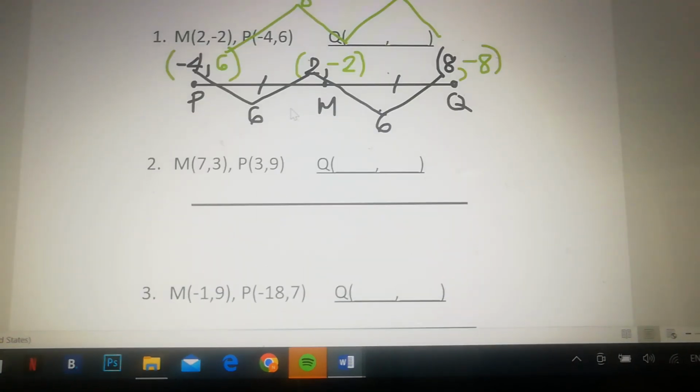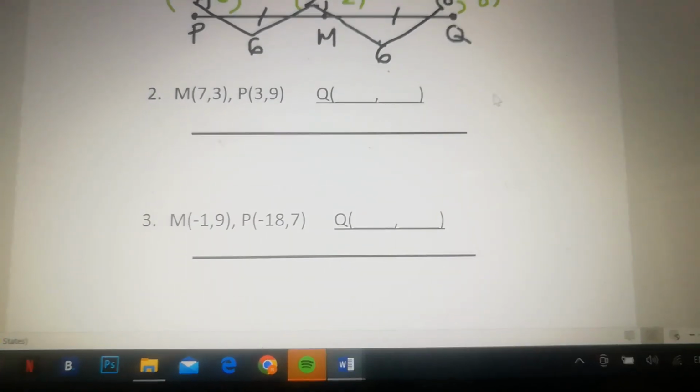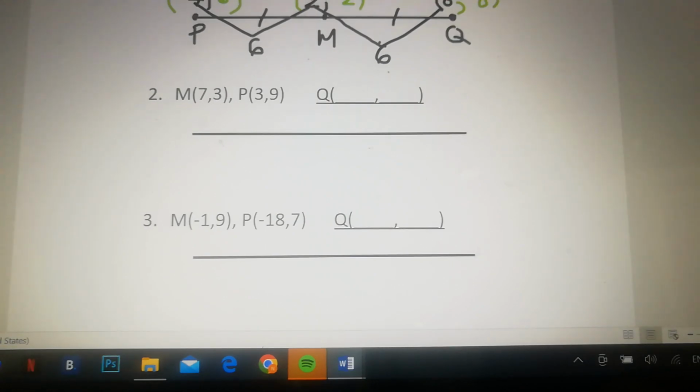Okay, so using the same procedure, we will write the point M at the midpoint. So this is your M. Then divide the segment into two segments with equal measure.